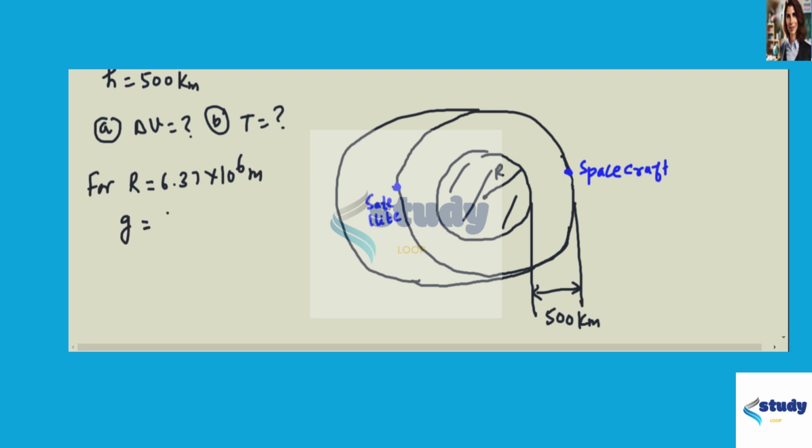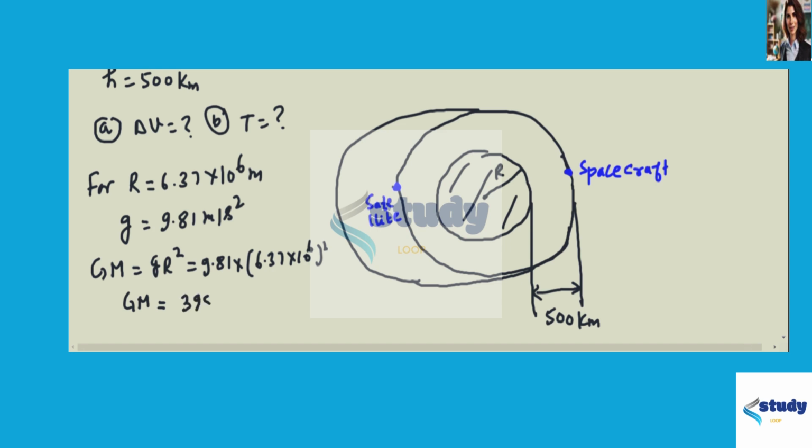Acceleration due to gravity on the Earth's surface is 9.81 meters per second squared. So the value of capital G into M is equal to g r squared, that is 9.81 into 6.37 squared, so this value you will get as 398.06 into 10 to the power 12 meter cubed per second squared.